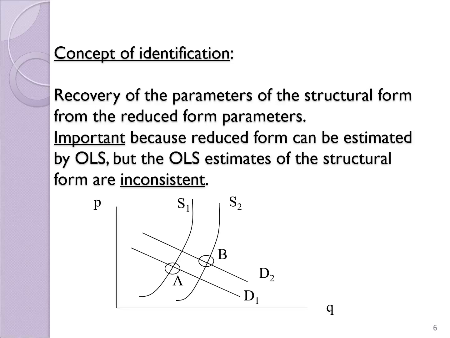The idea of identification is the recovery of the parameters of the structural form from the reduced form parameters. It is important because we can estimate the reduced form parameters well by OLS, but the OLS estimates of the structural equations form are inconsistent. So it is important, the identification problem.